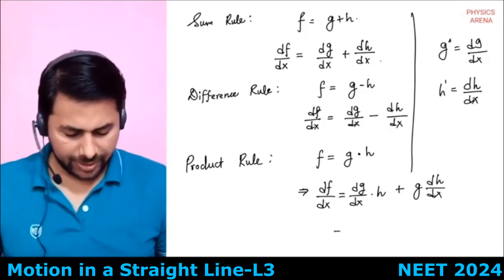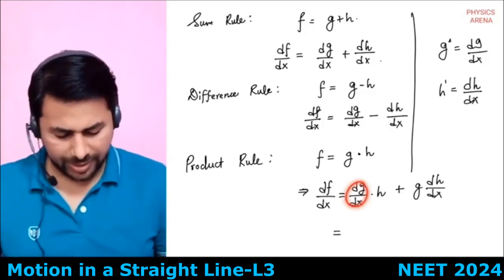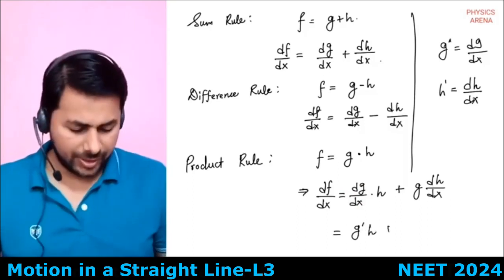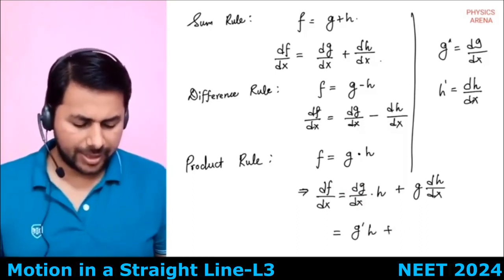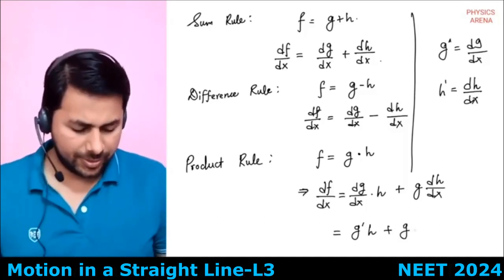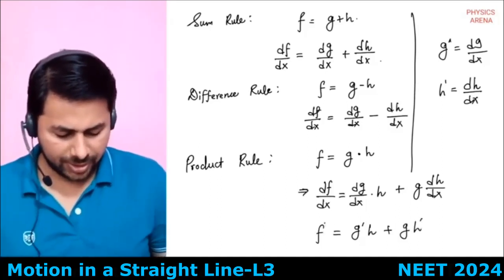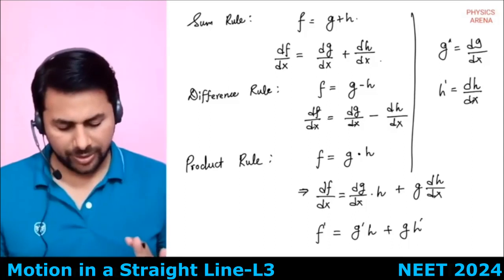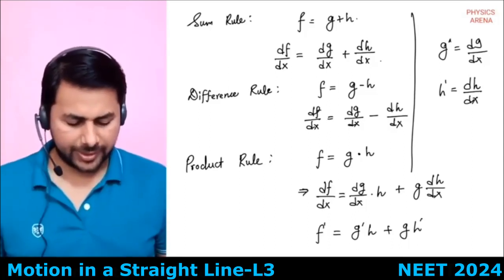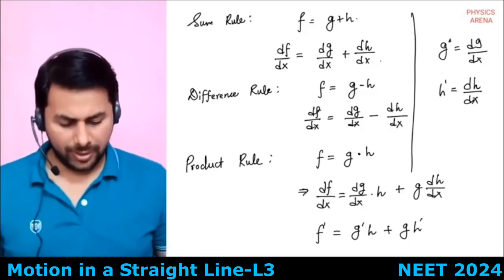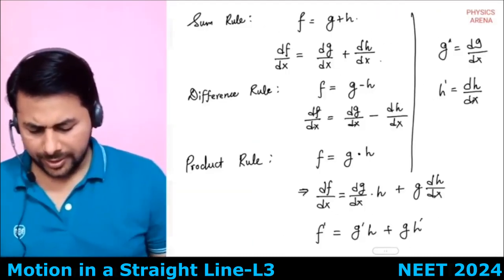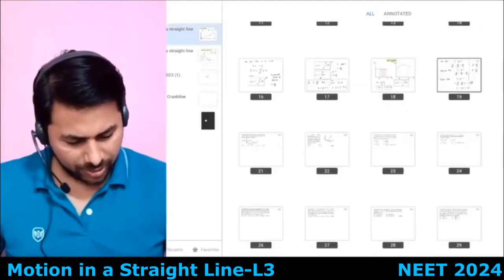So this can be written as g dash multiplied by h plus g times h dash. This will be f dash. f dash is the derivative of f with respect to x. Okay, so then there is, oh, I'm running short of pages.